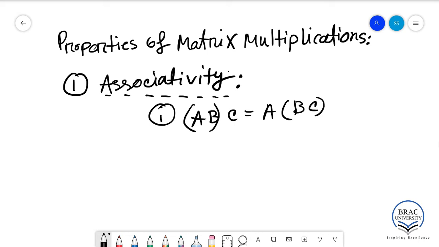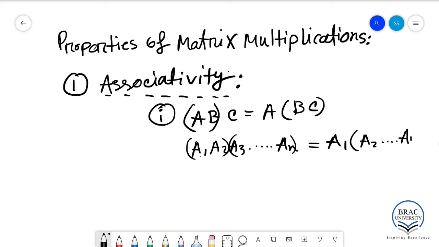So this property, property 1, tells us that if you had, let's say, A1, A2, A3, a lot of matrices, up to AN, then in whatever order you multiply, first A1 and A2 and then A3 to AN, and then you stick these results together, it will be the same as if I just take A1, A2, up to AN.